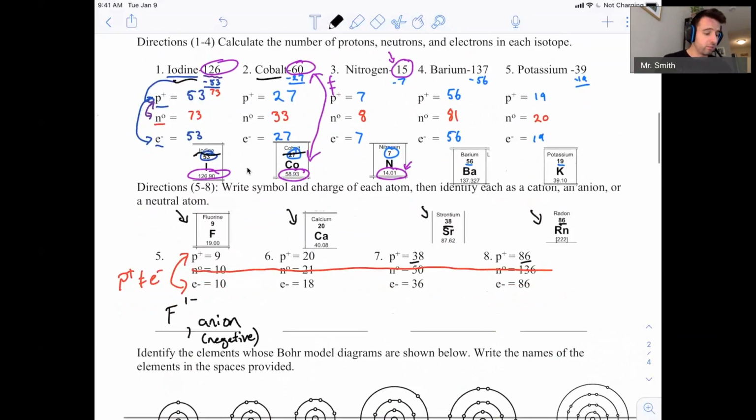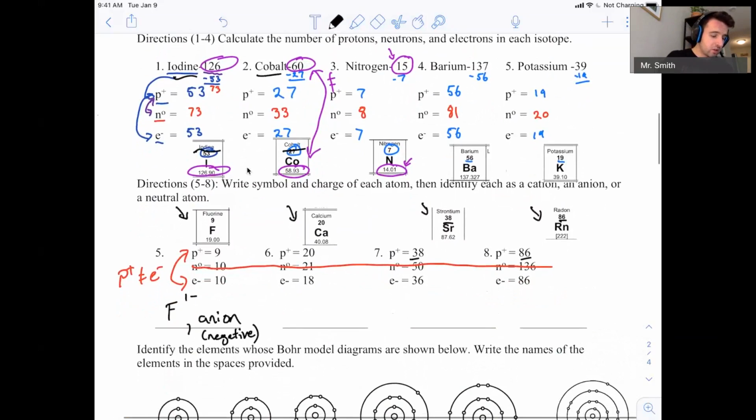Moving on here. Okay, calcium. Calcium has 20 protons and 18 electrons, so it's going to be Ca, and then 2 plus. In this case, it's 2 plus because I have 20 positives and 18 minuses, so my total charge is 2. And remember to always put a plus or a minus next to it.